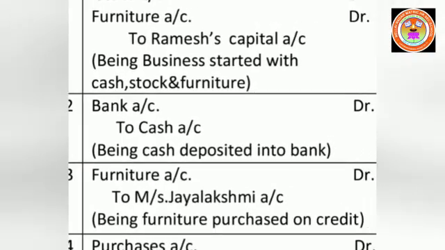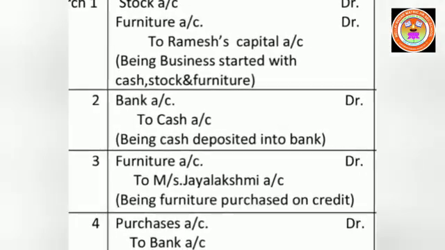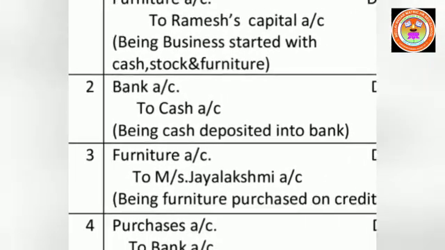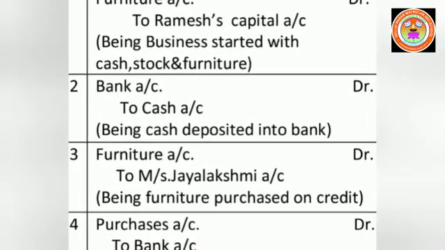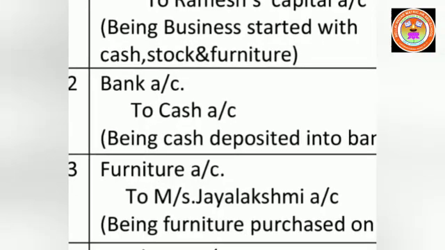Out of that 3 lakhs, now on March 2, Ramesh deposits money into his account. When he deposits money into his account, who will receive the money? Ramesh, banker, will receive the money.